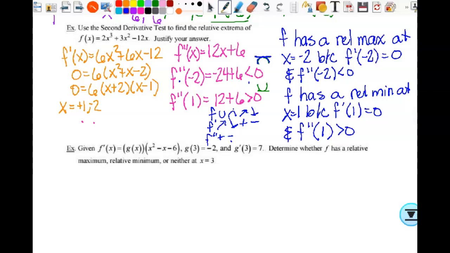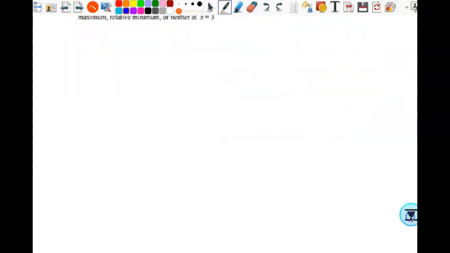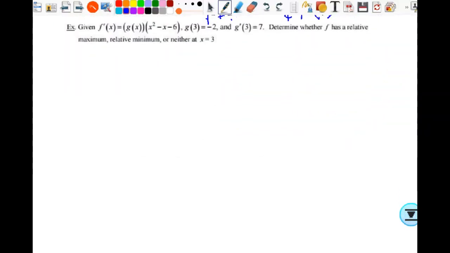So let's look at this last one here. F prime equals this stuff, okay? Then it gives us some other stuff, and it's icky, right? It's okay. Determine whether F has a relative maximum, relative minimum, or neither at x equals 3. All right.